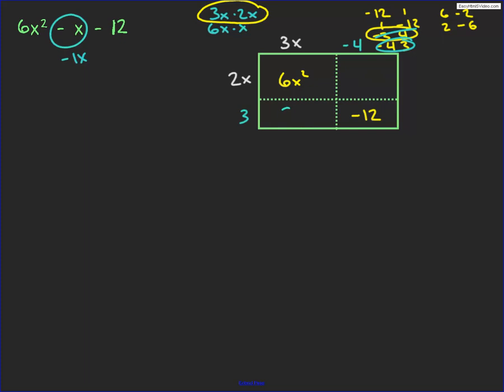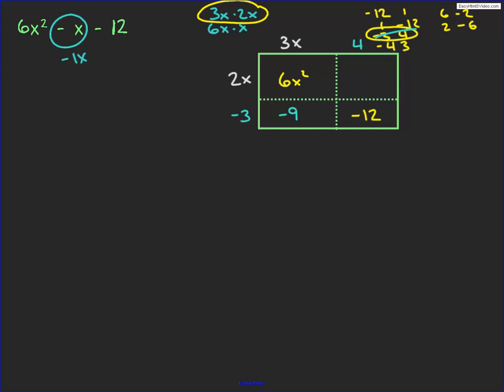So 3 times 3 is 9x, 2 times negative 4 is negative 8x. And I look at those and, man, I'm really close. Because these two right here, they make 1x, but I wanted negative 1x. So what would happen if I switch those two around? Let's try that. I'll put a 4 here, and I'll put a negative 3 down here.